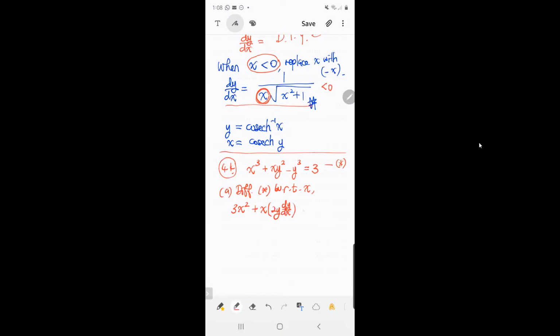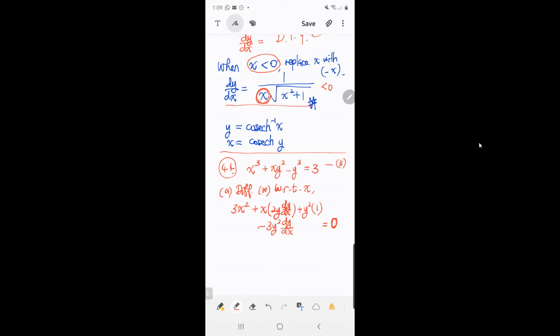Then after that, you copy the y squared and differentiate the x, you get 1. Continue. Differentiate the negative y cubed, that would give you negative 3y squared dy dx. And you set this whole thing equal to the differentiation of 3, which is 0. So this is the first time you differentiate the equation implicitly.